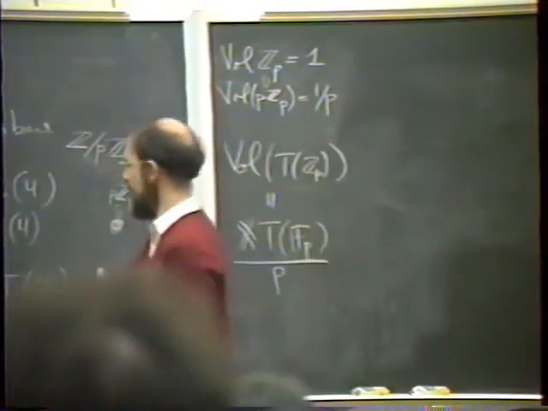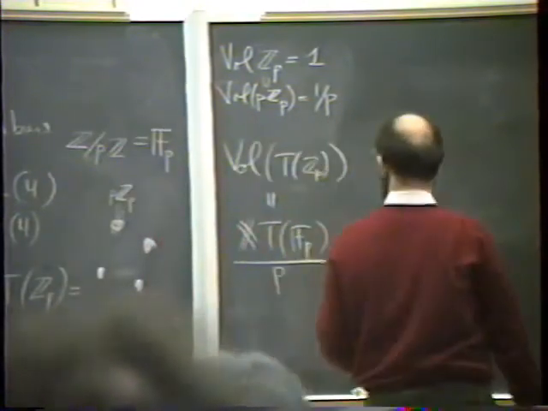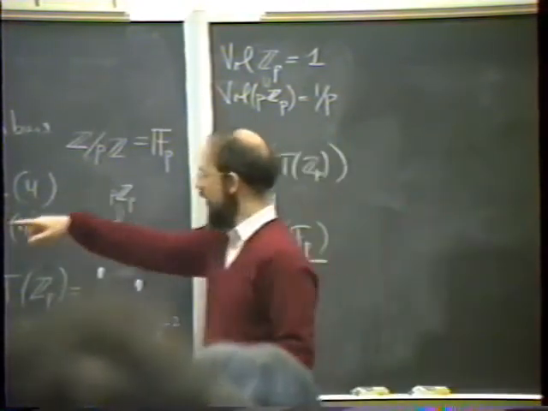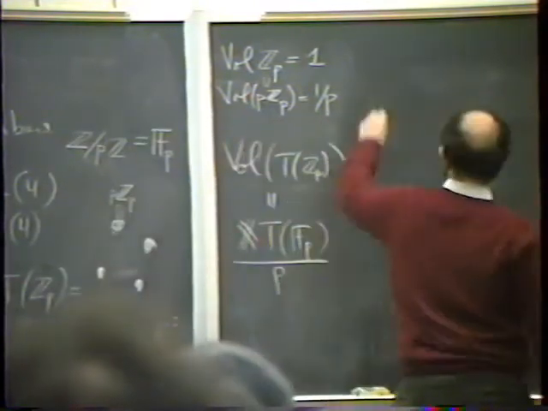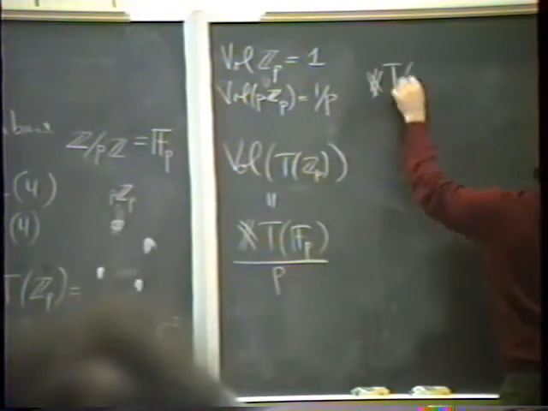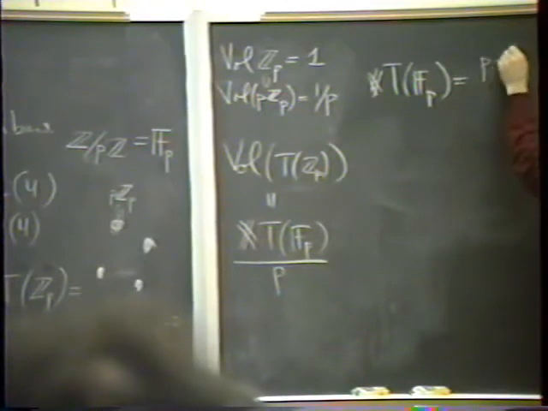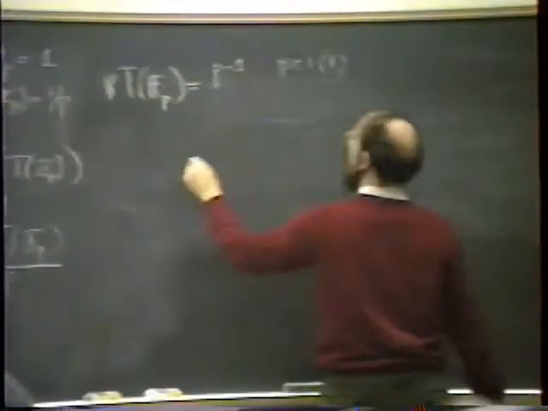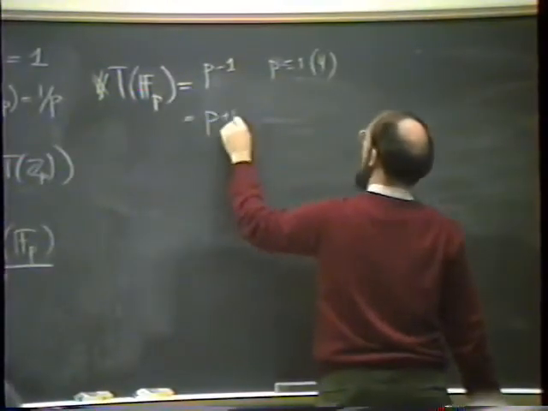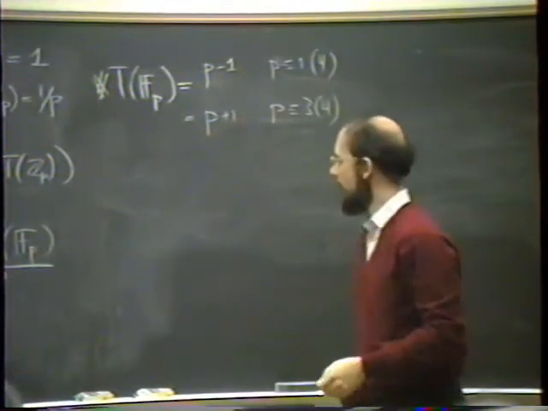Okay? So, well, how many are there? Well, an elementary exercise to convince yourself is that the number of elements in T of F_p is equal to p minus 1 if p is congruent to 1 mod 4, that is, if minus 1 is a square, and it's equal to p plus 1 if p is congruent to 3 mod 4.